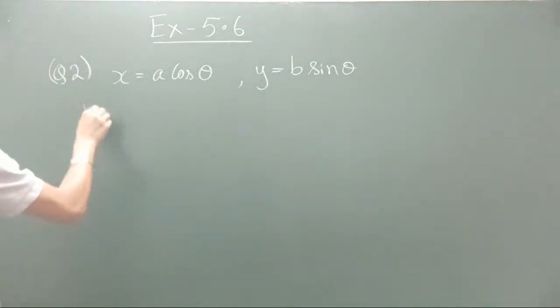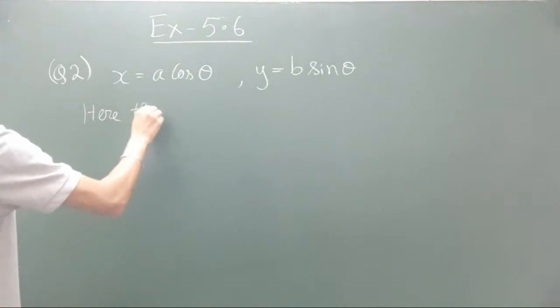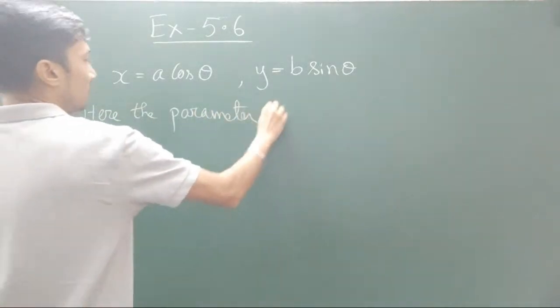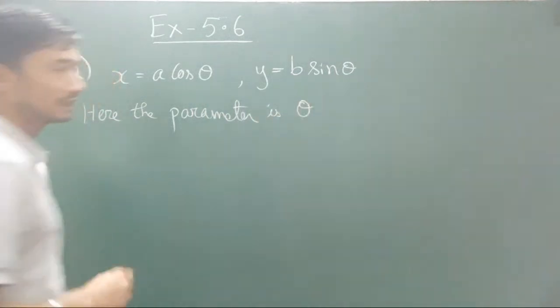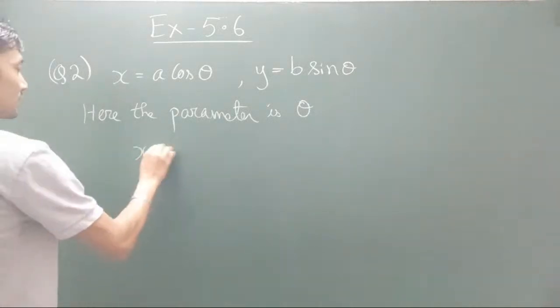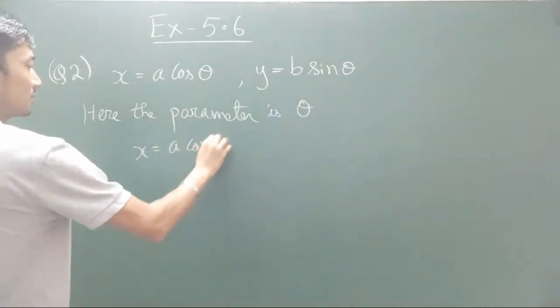So here, what is the parameter? Let's identify it. What is the third variable that is connecting these two equations? Theta, isn't it? Now let's differentiate one by one. This is going to be a small function.